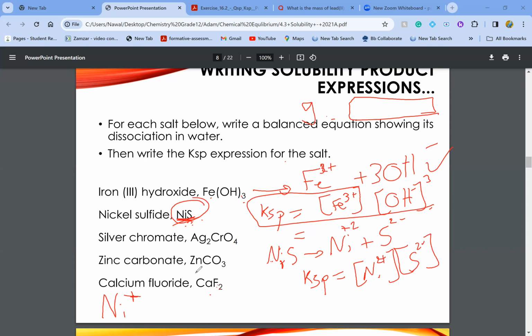Do you know how to write it? Let me see if you did it. The last one you didn't do. Let me see. Okay, where are you? Miss, I sent the ones. Zinc carbonate. Okay, it's correct, yes, sir.